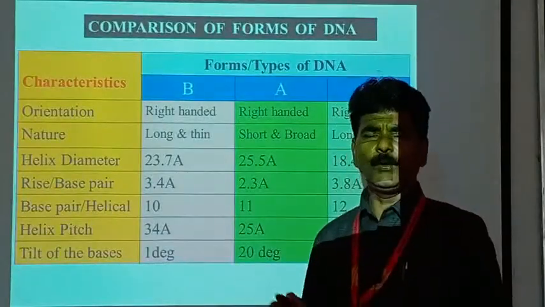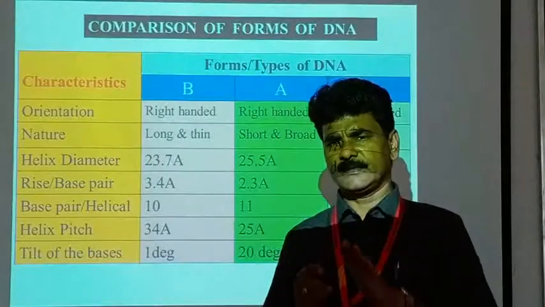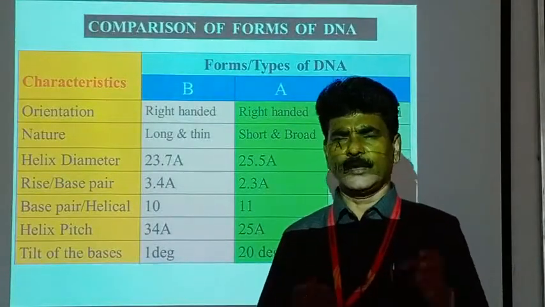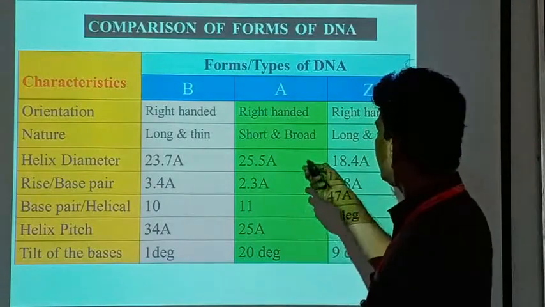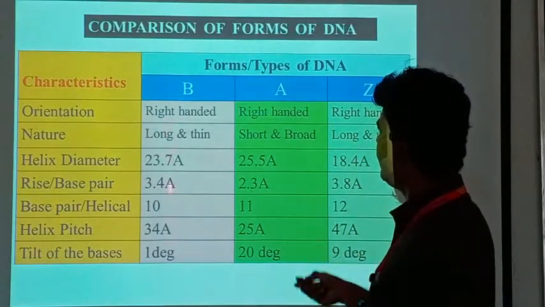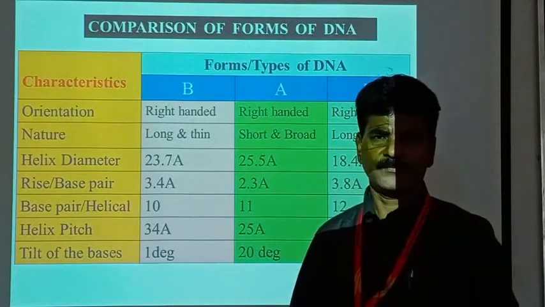When collectively we study these three different forms together and compare them, we find these different characteristics of B type, A type and Z type of DNA. Come to this first.